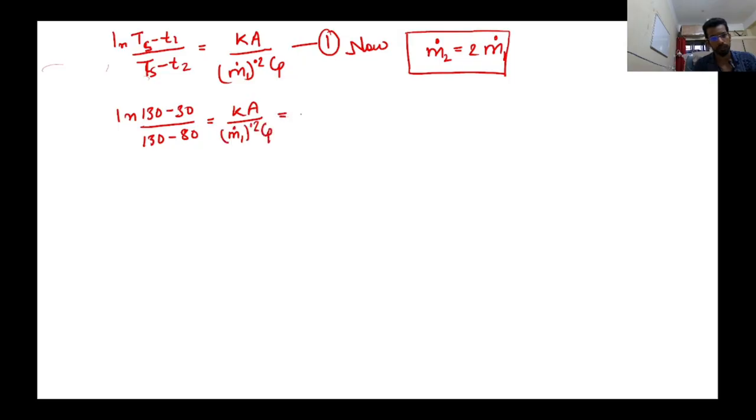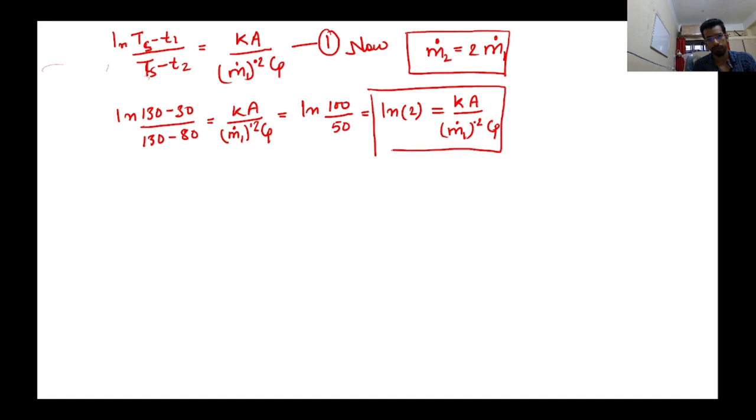That is ln of 100 upon 50, which is ln 2. So finally we have ln 2 equal to KA upon m1 to the power 0.2 cp. We got this value.